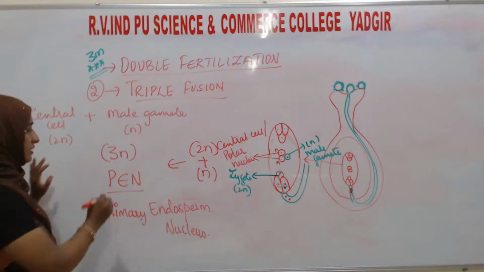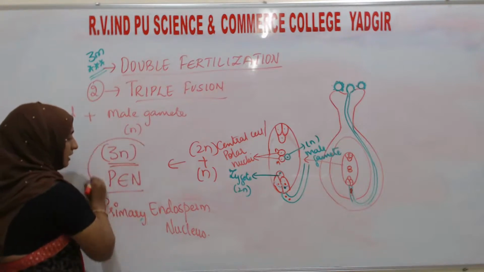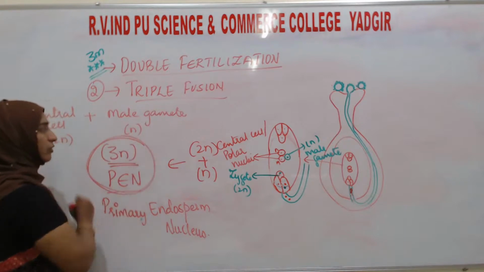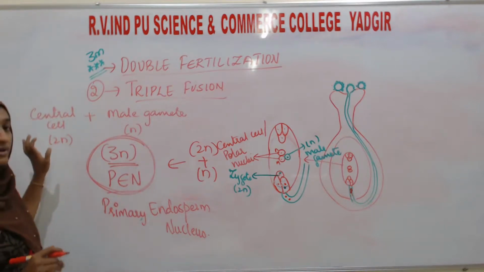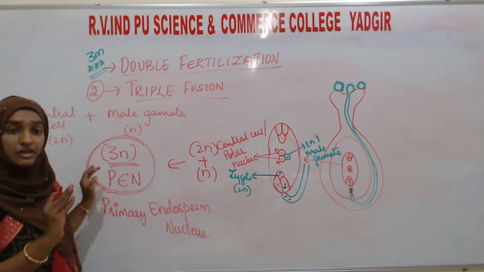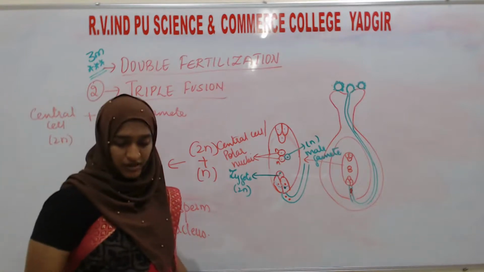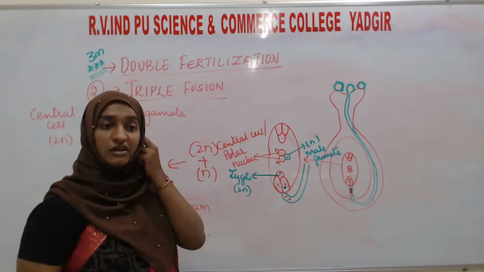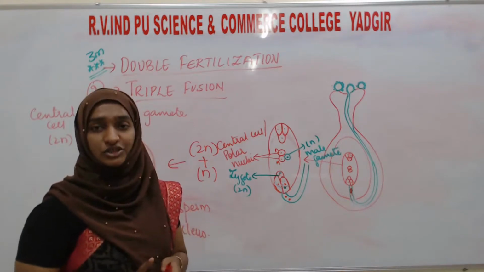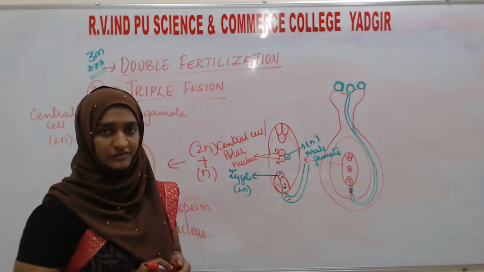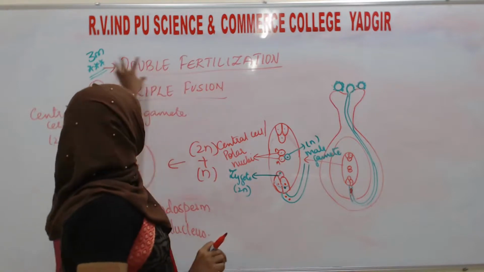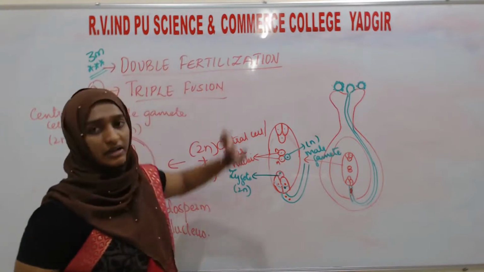So it will be triploid, and there is a fusion of three nuclei. That's why we named this process the triple fusion. So this is the second fertilization in flowering plants, which is why we have named it double fertilization.